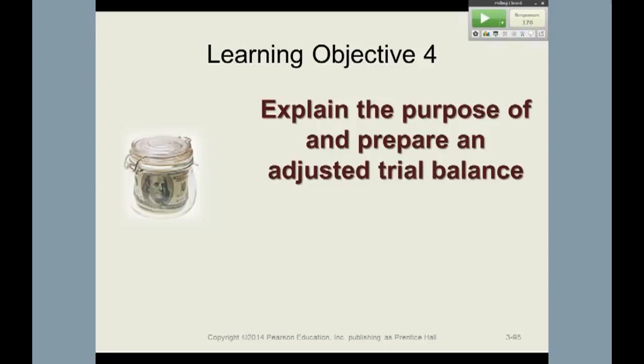Okay, and then from the general ledger, you have the adjusted trial balance. And then from that, you prepare the financial statements. So the adjusted trial balance is going to be the basis for preparing the financial statements.